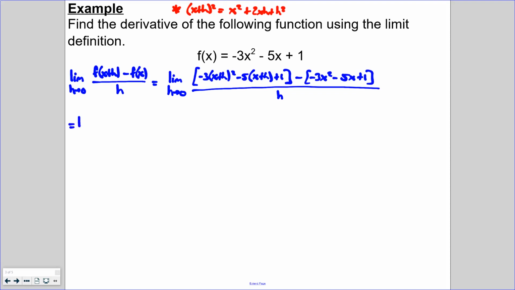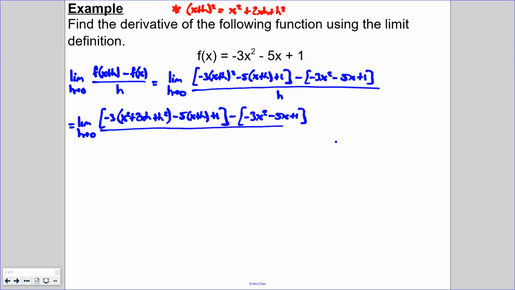So we're going to have the limit as h approaches 0 of negative 3 times x squared plus 2xh plus h squared minus 5 times x plus h plus 1 minus a negative 3x squared minus 5x plus 1. And that's all going to be over h.